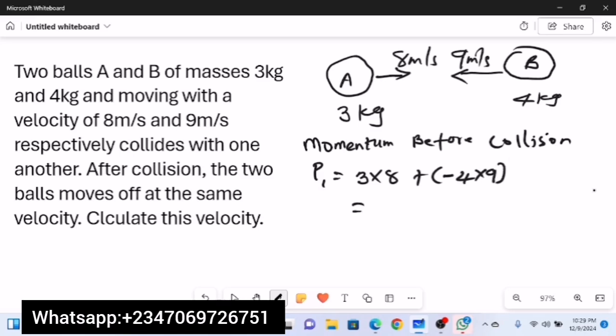So this is 3 times 8 is 24, minus 4 times 9, which is 36. So the initial momentum P1 will be equal to negative 12.